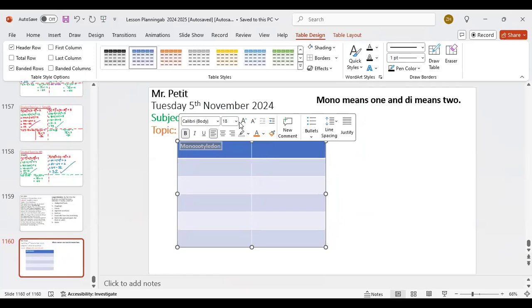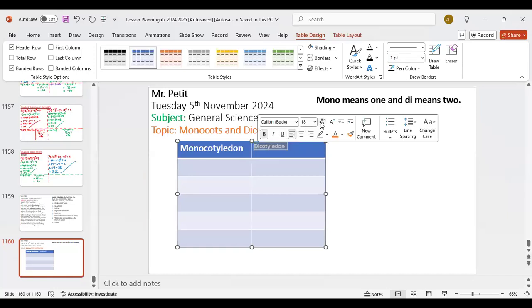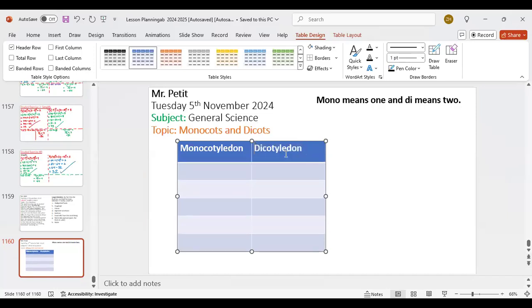All right, monocotyledon and dicotyledon. You have to draw this table for me. By the way, in almost every general science exam, they bring this.